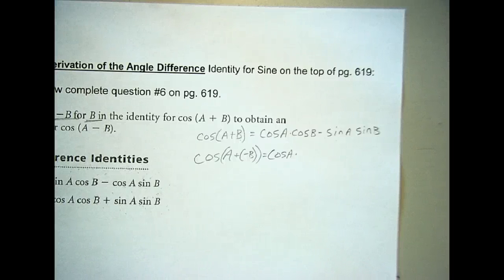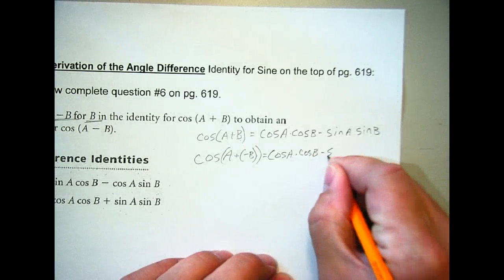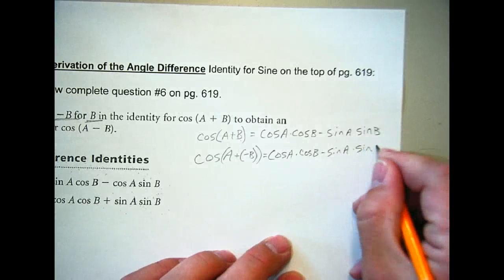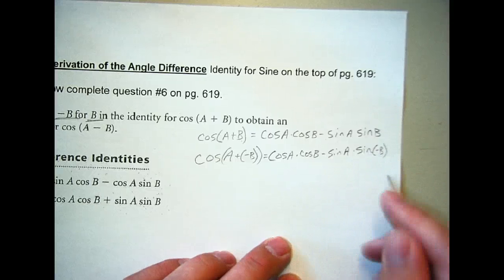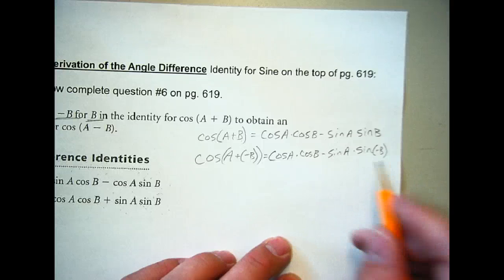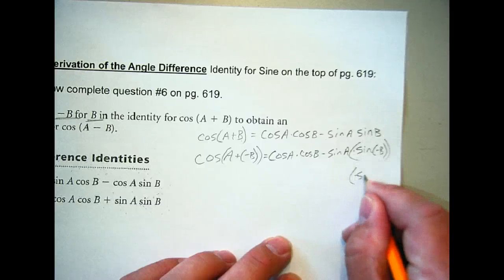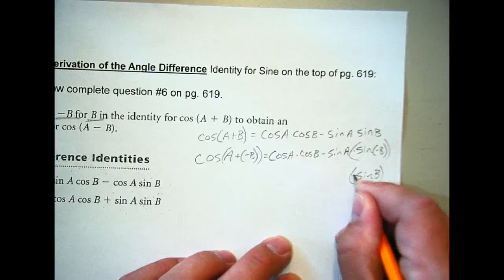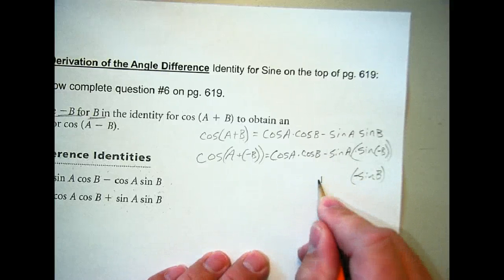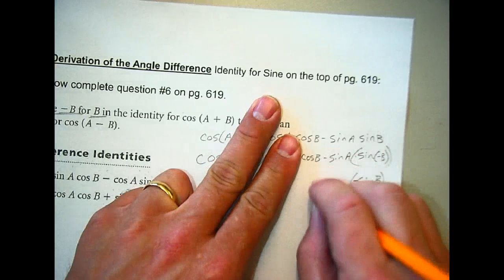So it's still cos b, minus sine A times sine negative b, and sine negative b is negative sine b. Right? Which means this negative now carries out to in front here and makes that plus. Everyone see that? Okay.